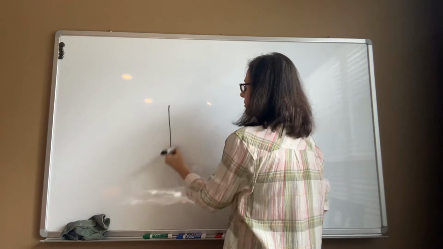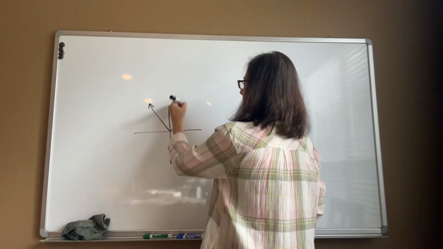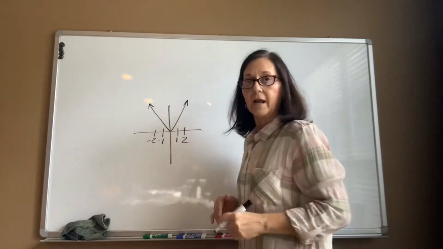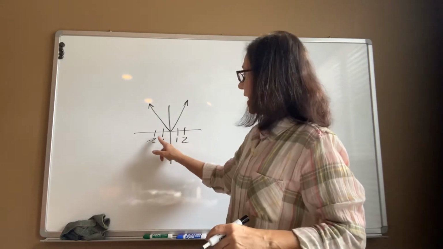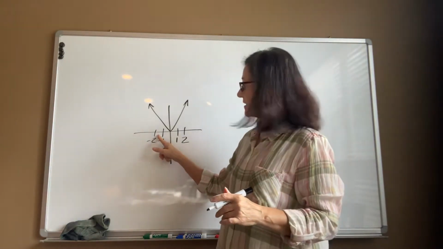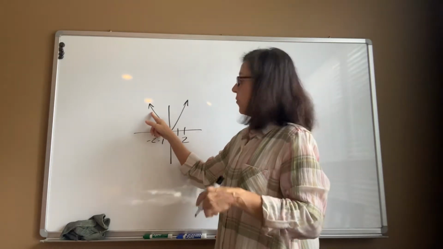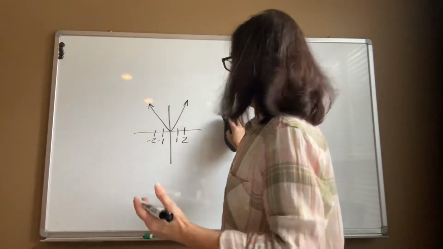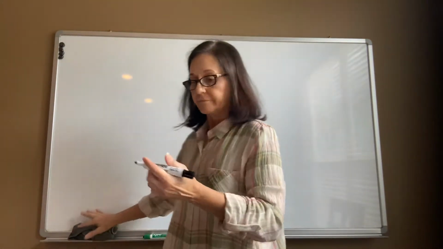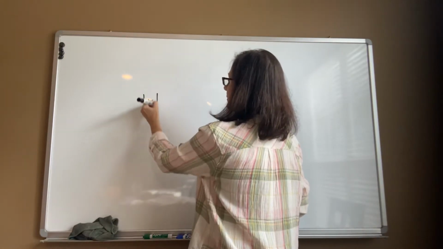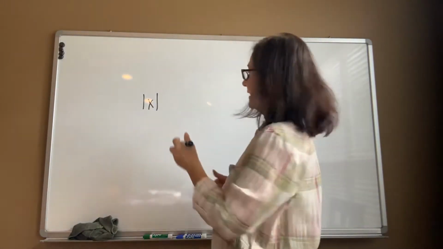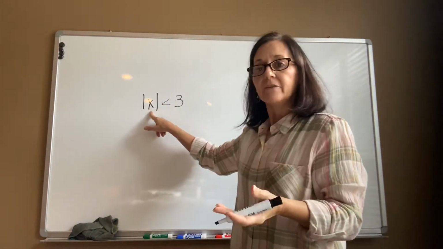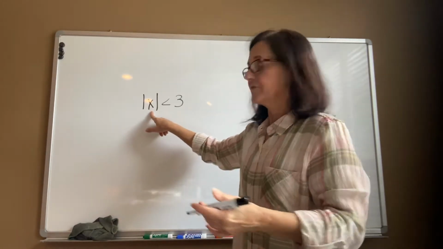When we graphed the two dimensions, remember it looked like a V, right? And so even when I plugged in a negative value for X, I got a positive value for Y. So that's going to sort of be like what we see today, because if I have the absolute value of X, and let's say it is less than 3, I can even plug in a negative value like -2.